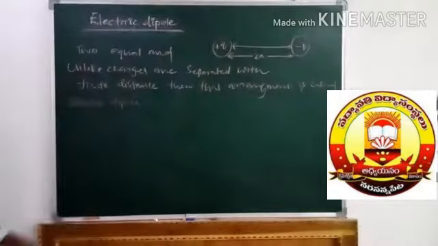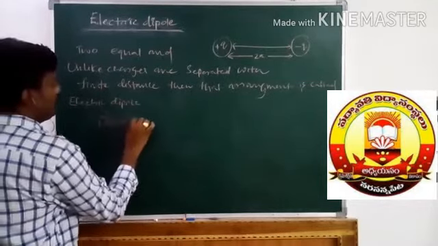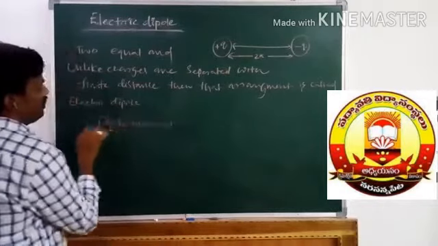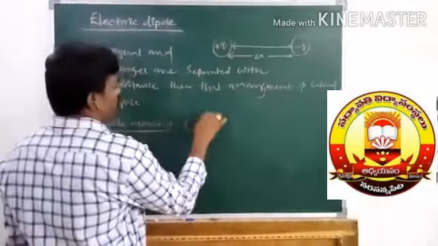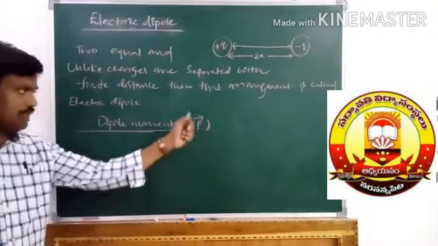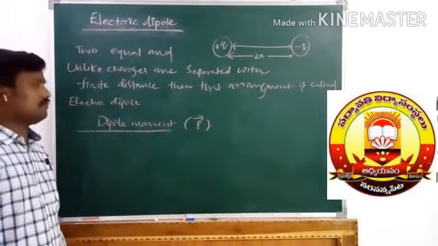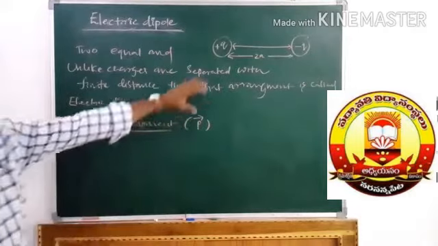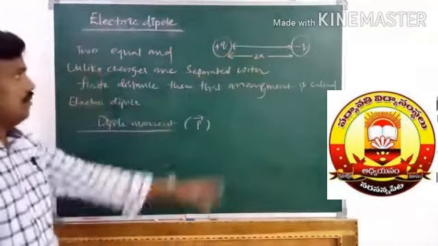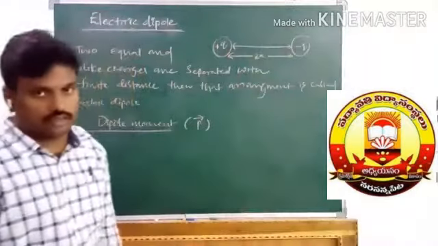In this electric dipole concept, we come across the dipole moment. The next concept is the dipole moment, denoted with P bar. As dipole moment is a vector quantity, we indicate it with a capital P bar. So what is dipole moment? It is the product of the magnitude of charge and the separation between the two charges.